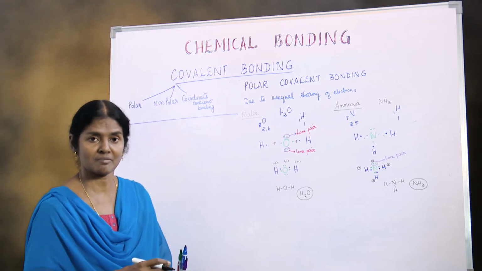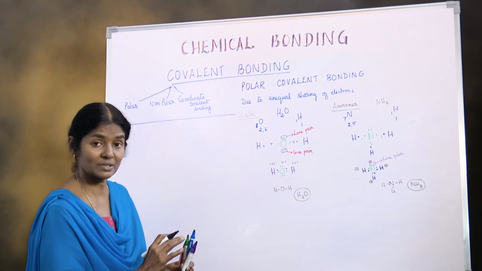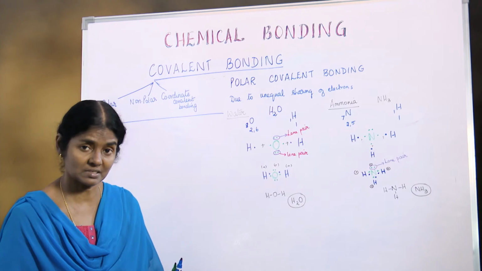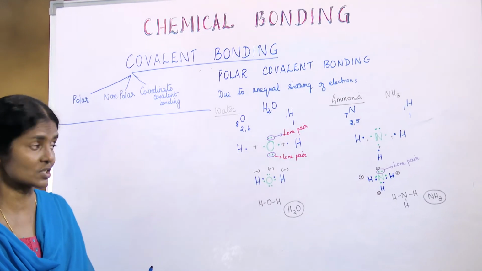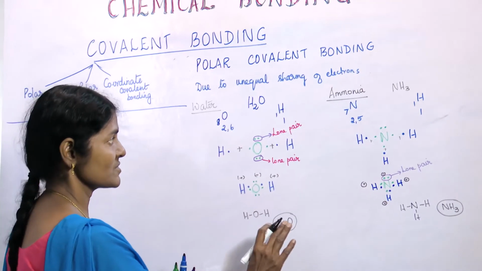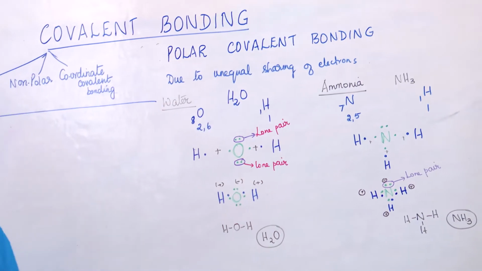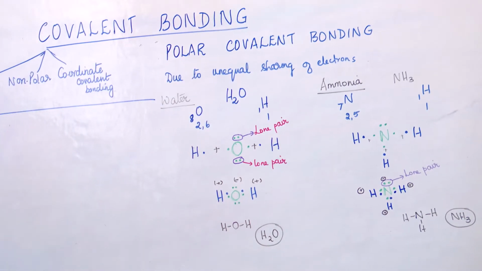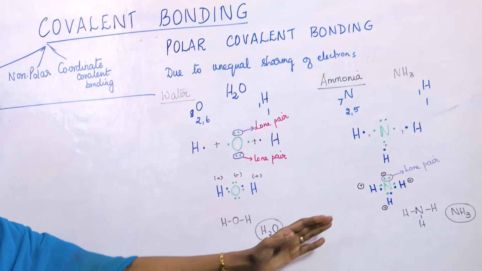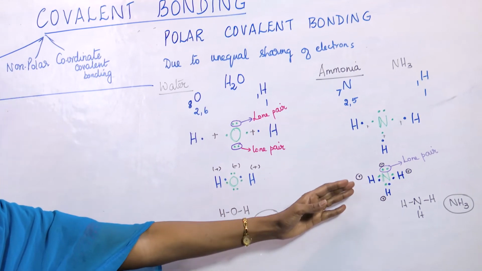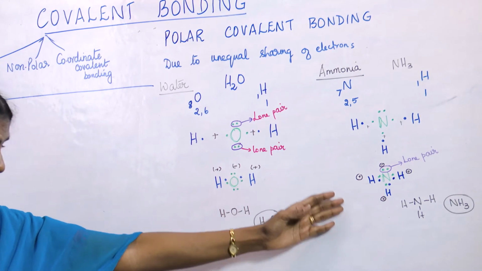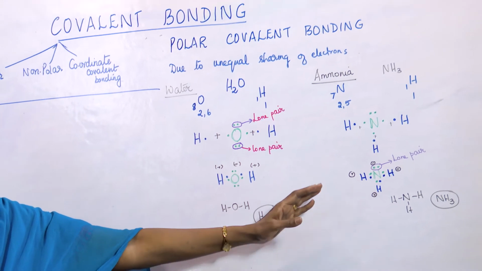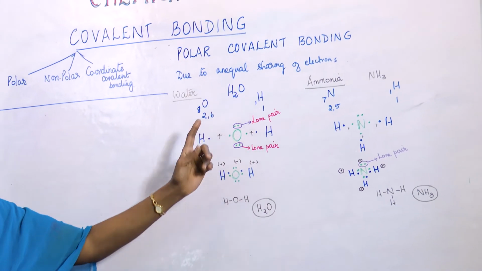Covalent bonds as such will not have charges, they are not ionic compounds, but charges are formed and that results in polar covalent bonding. So charged particles, because of unequal or unsymmetrical sharing of electrons, is called polar covalent bonding.